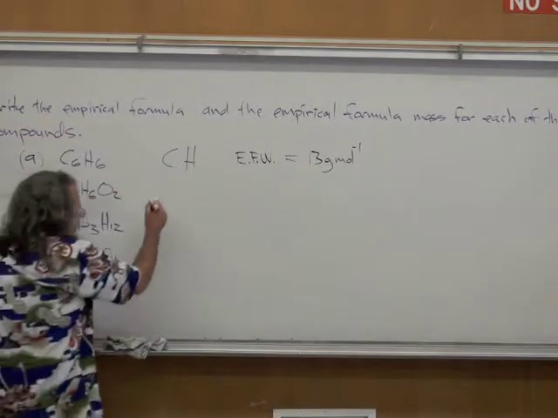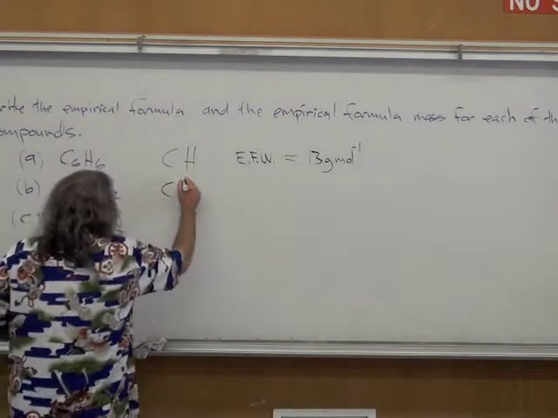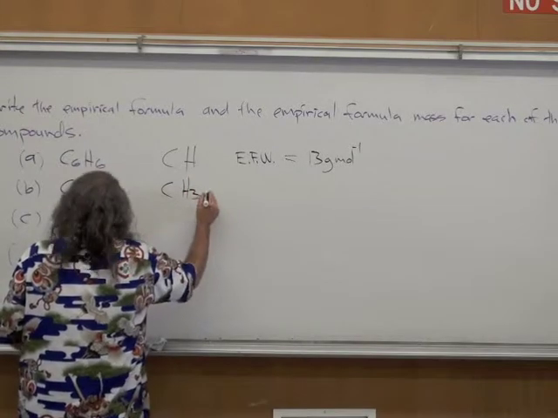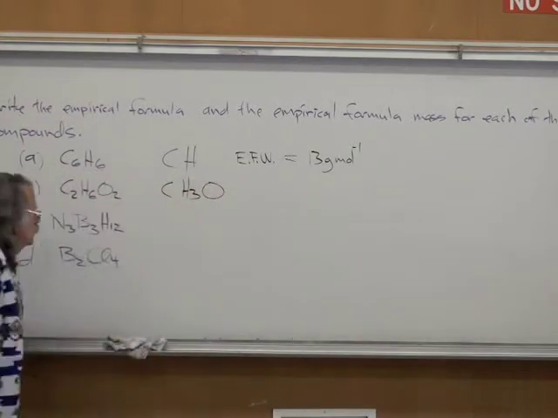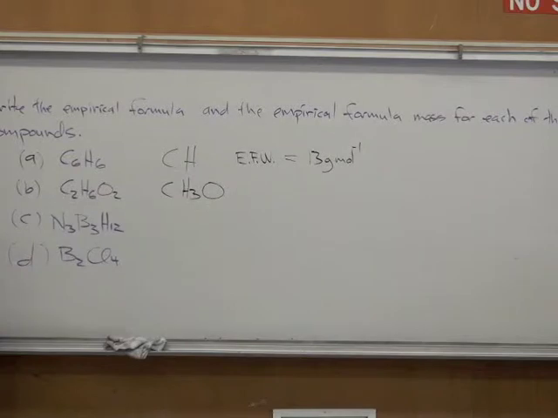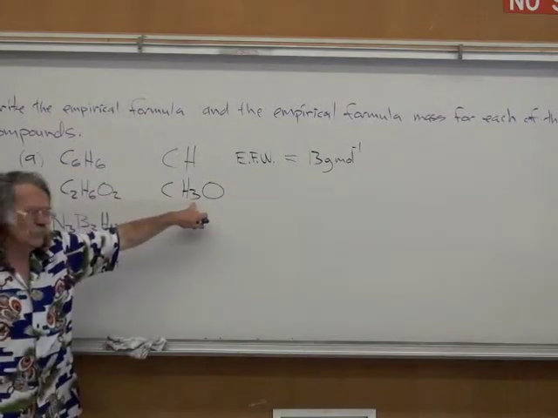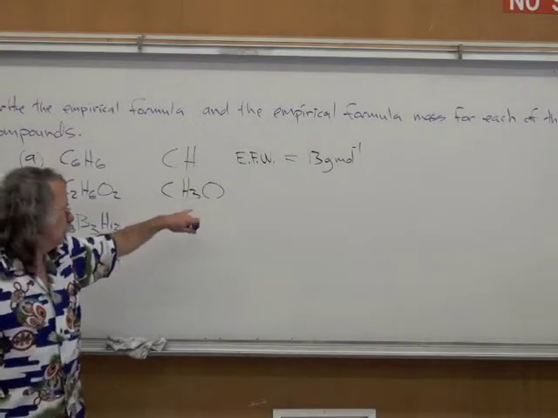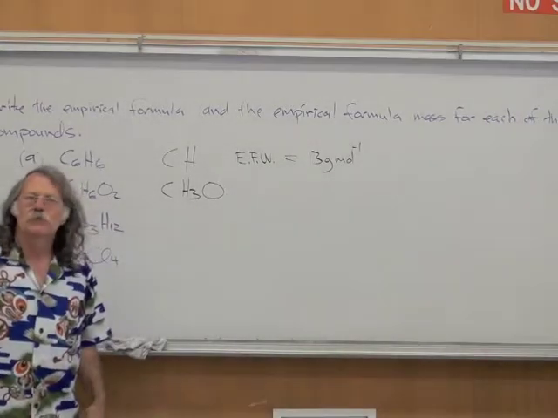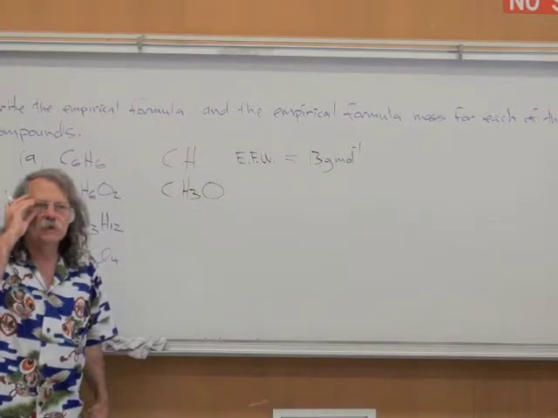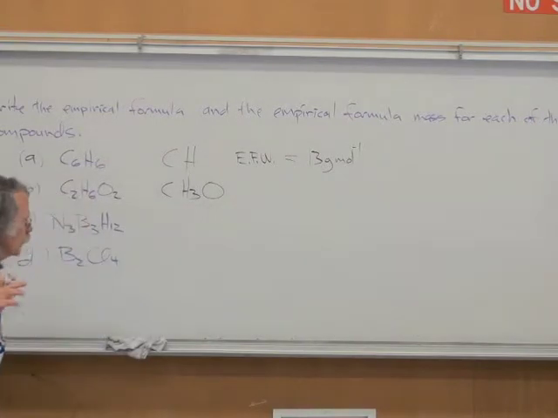So it's going to be CH3O. I simply divide by 2. And there was a typo in the key where I put the 2 there. Okay, that was my bad. So please, if you haven't already done so, correct the key to that effect.